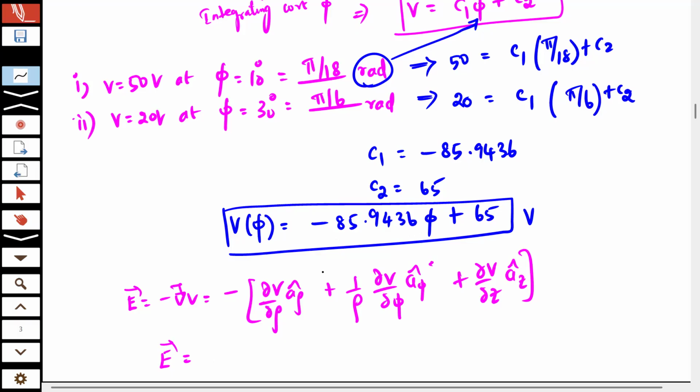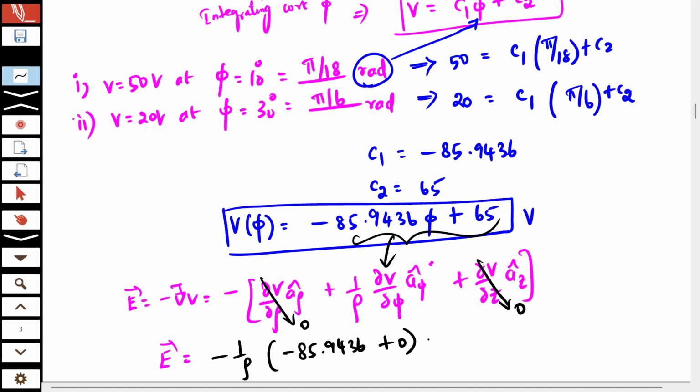Now, taking this potential function V, differentiating with respect to phi. This has only a phi term. There is no rho variable or z variable. Their corresponding differentiations will be 0. Now taking this, differentiating with respect to phi and multiplying with the constant which is already available, minus 1 by rho into the differentiation of this with respect to phi, which is minus 85.9436 plus 0, A phi cap.